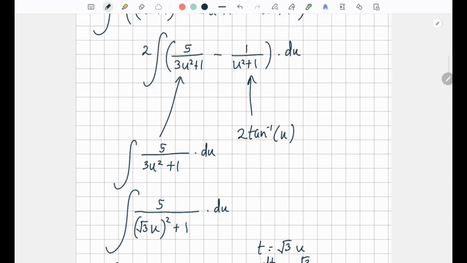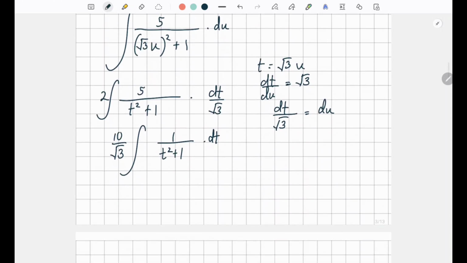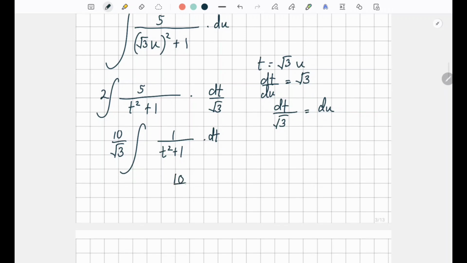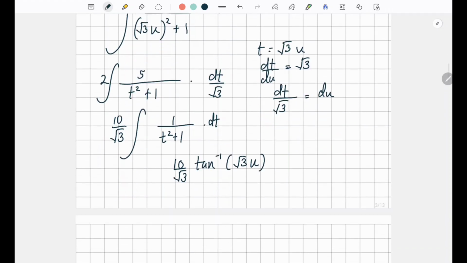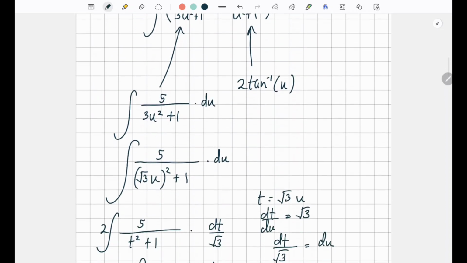Now we also had a 2 in front, so this is going to be 10 over root 3 tan inverse t, right? Now instead of t, I'm going to write root 3 u.